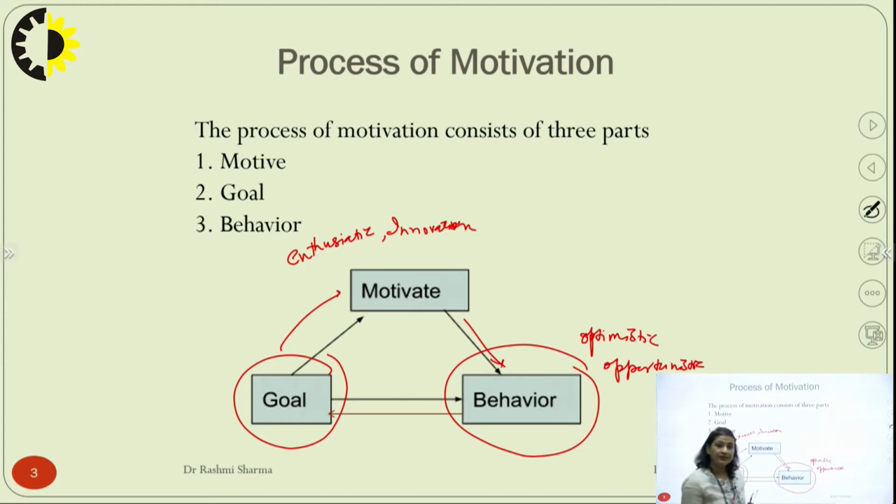When you are optimistic, you have a positive attitude in your mind and you start doing that work. When you have a positive attitude, you achieve the goal. So the basic three things in the process of motivation are the motive, what is the aim; then the goals, what we want to achieve at the end of the process; and how we can achieve it, which is done by this behavior. These are the three basic components.